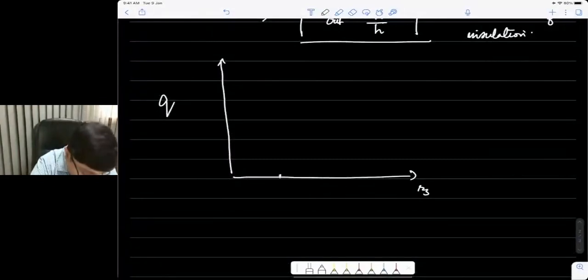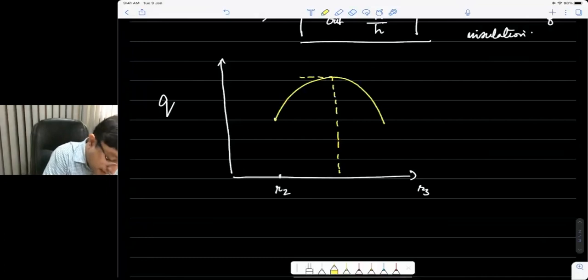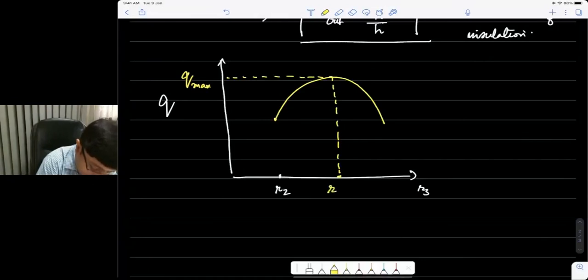So we start at some value of R2 and go higher. At R2, there is some amount of heat transfer. Initially the heat transfer rate increases until it reaches a maximum, and then it starts to decrease. This maximum point, where the heat transfer rate is highest, is the critical radius.